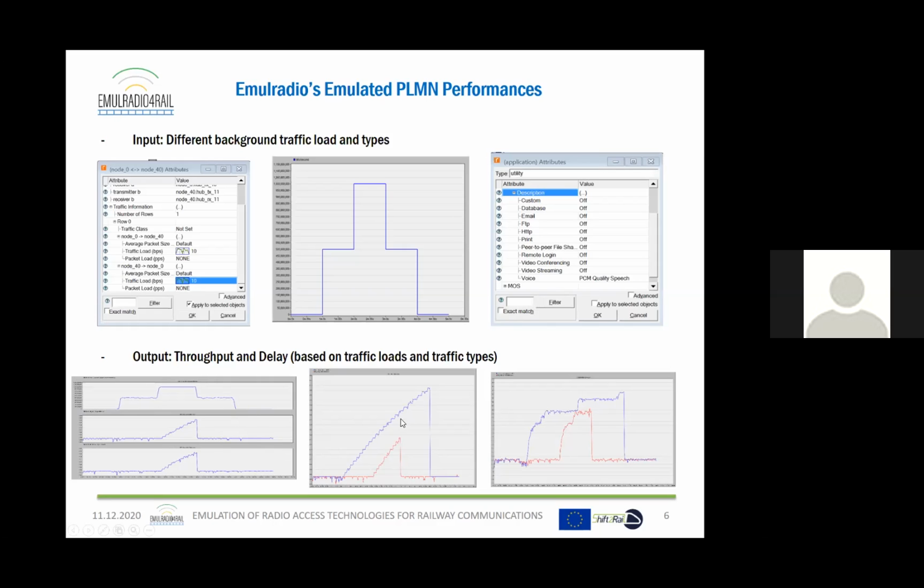It can also compare the delay in different scenarios, normal or overloaded, and give you a comparison for using different applications. For example, if you're using TCP or UDP, you can do a comparison in OpNet.